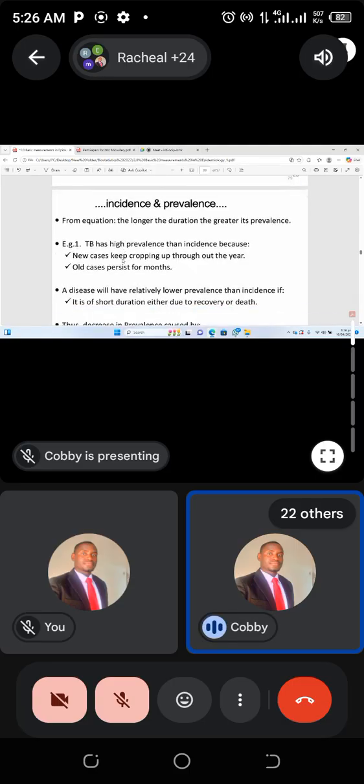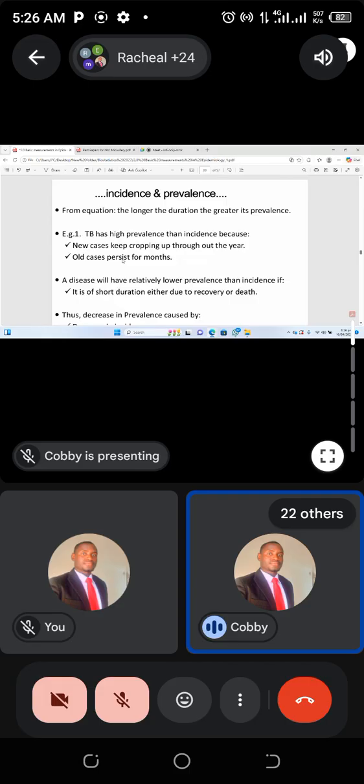However, a disease will have relatively lower prevalence than incidence if it is of short duration, either due to recovery or death. If the recovery time is short, or people die fast, we are going to have lower prevalence, because those cases will no longer be there.